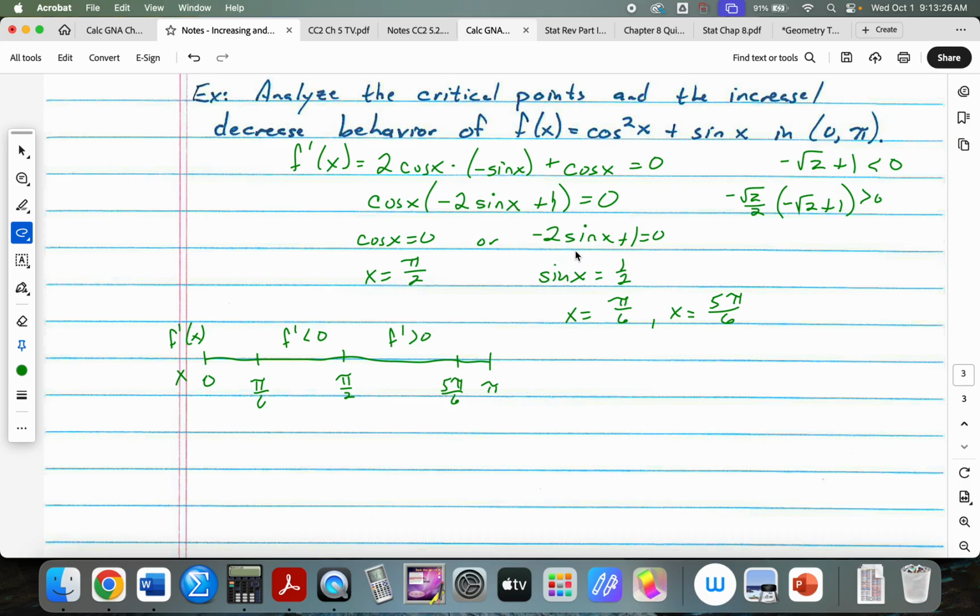But if I think about this, and I don't expect you to do this, but if I was to graph y equals negative 2 sine of x plus 1, what I know so far is that at pi over 6 it's going to be 0, and again at 5 pi over 6.